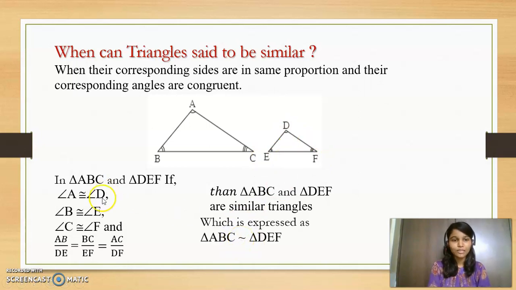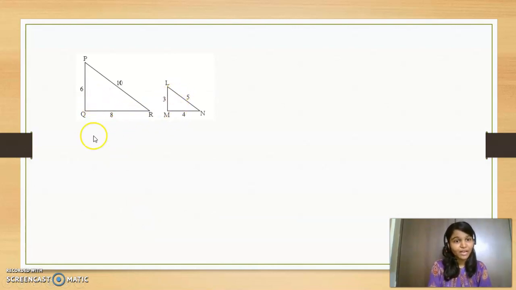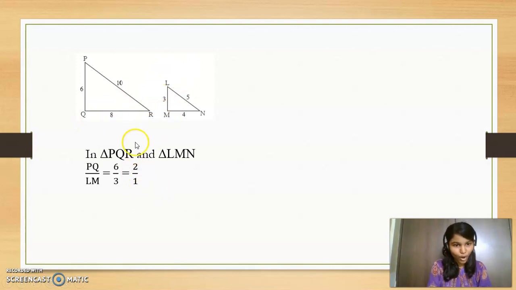Okay, students. Now let us learn this in more detail. For this, let me take one more example. If you look at these two triangles, now I will see the ratio of their corresponding sides. So we will write in triangle PQR and triangle LMN, PQ upon LM is equal to 6 upon 3, which is equal to 2 upon 1.